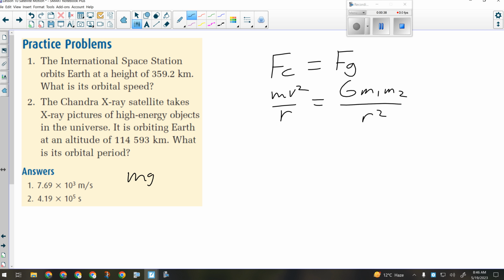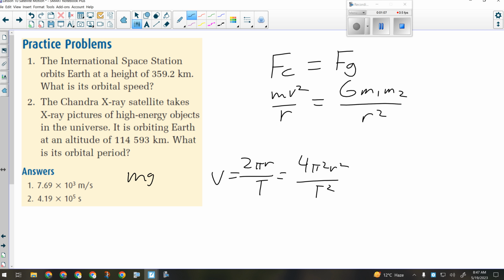We also looked at if a question asks for period of rotation, or asks for radius and gives you period, then you might have to substitute in for v because you wouldn't have it. If we have to do that, we take the formula for v, 2 pi r over t. We plug it in for v, but v is squared, so we have to square the formula: 4 pi squared times r squared over t squared.